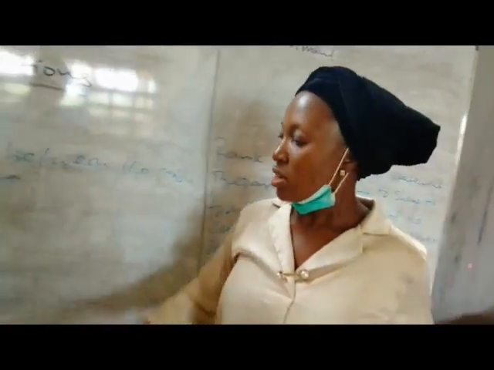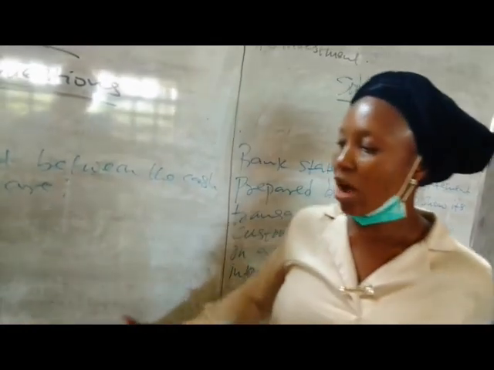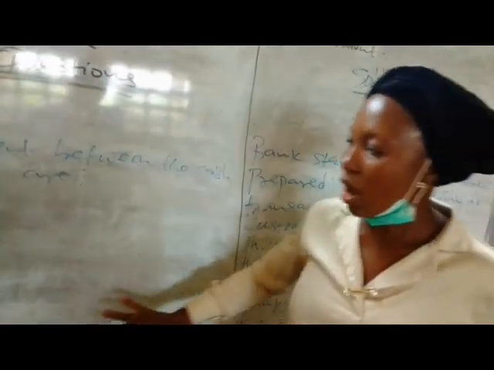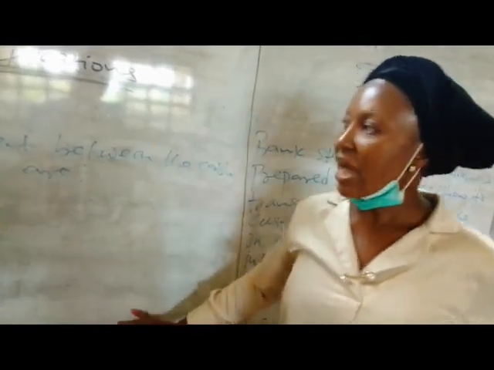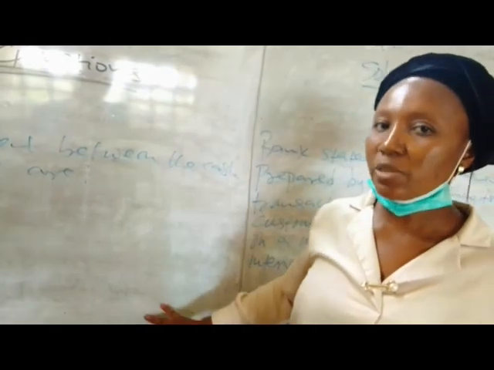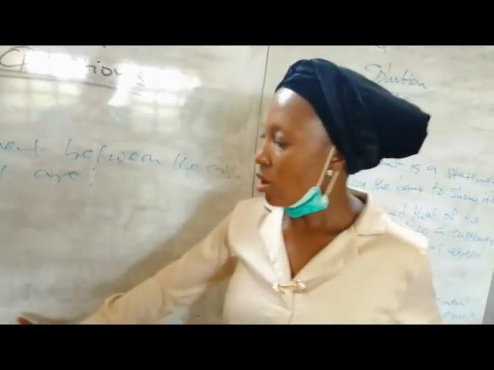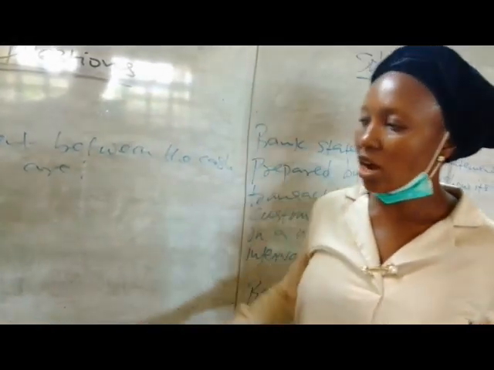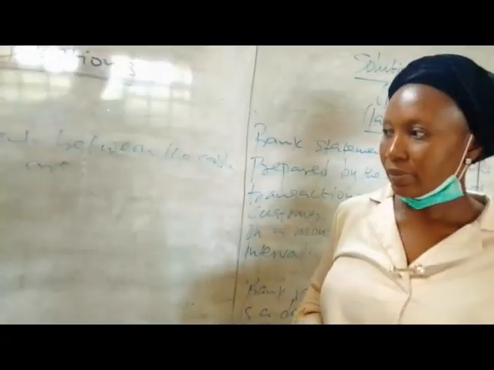One, we have wrong name given on the check, wrong spelling of figures, wrong use of dates, and wrong signature of an individual. Those are the reasons for a check being dishonored by the bank.